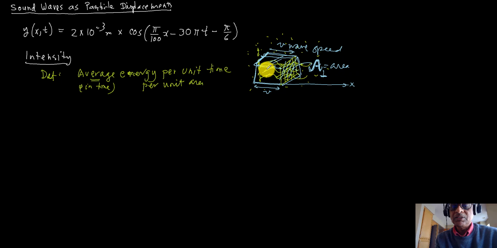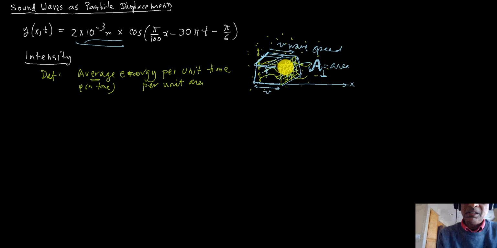Energy consists of the motion of each one of the particles. This amplitude, let's call it a, and I'm going to call this omega in just a second.